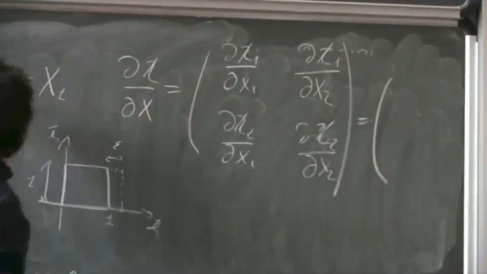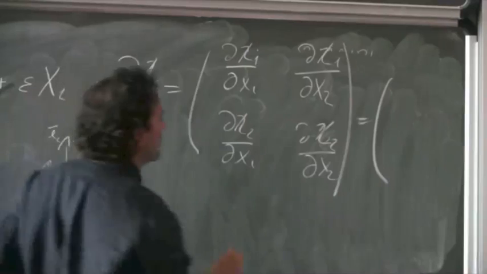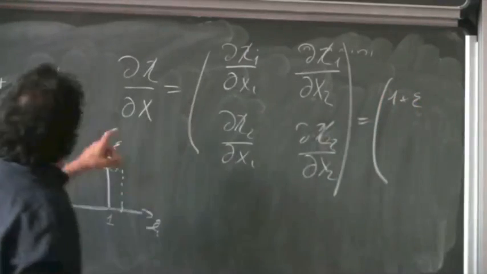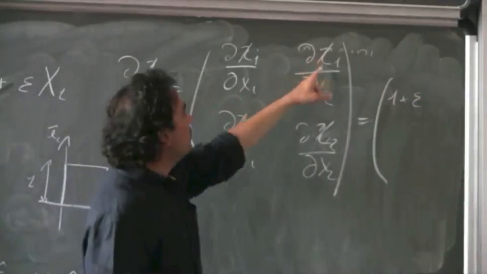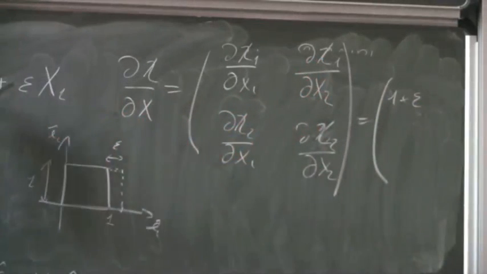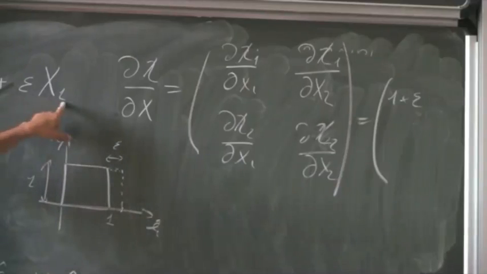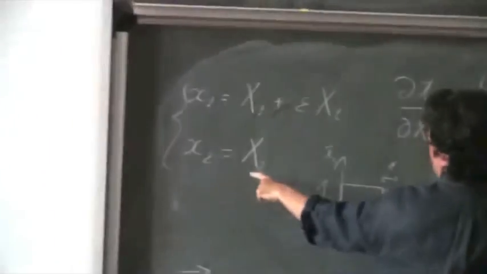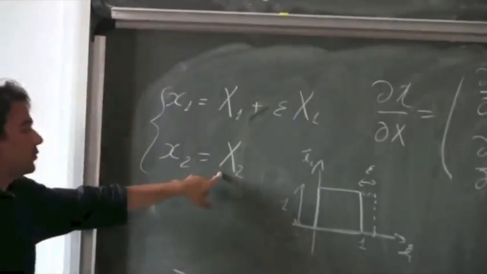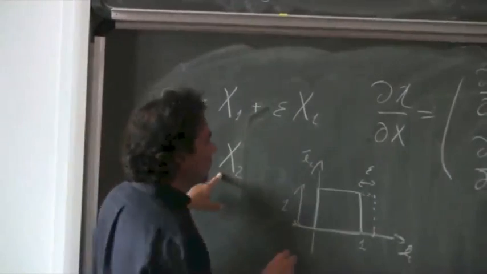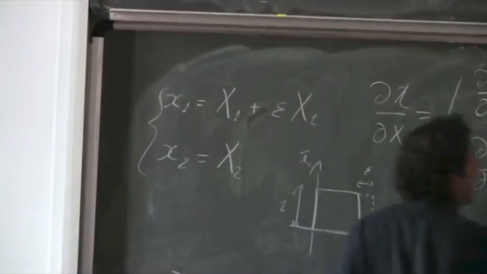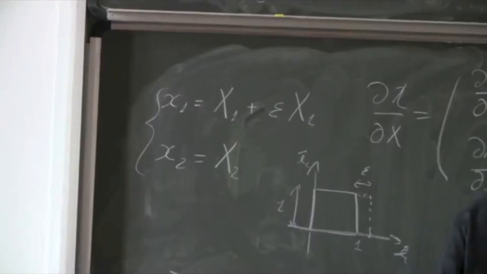The first one is equal to 1 plus epsilon. The derivative of t1 with respect to X2 is 0, because X2 is not present. The derivative of t2 with respect to X1 is also 0, and with respect to X2 it is equal to 1.